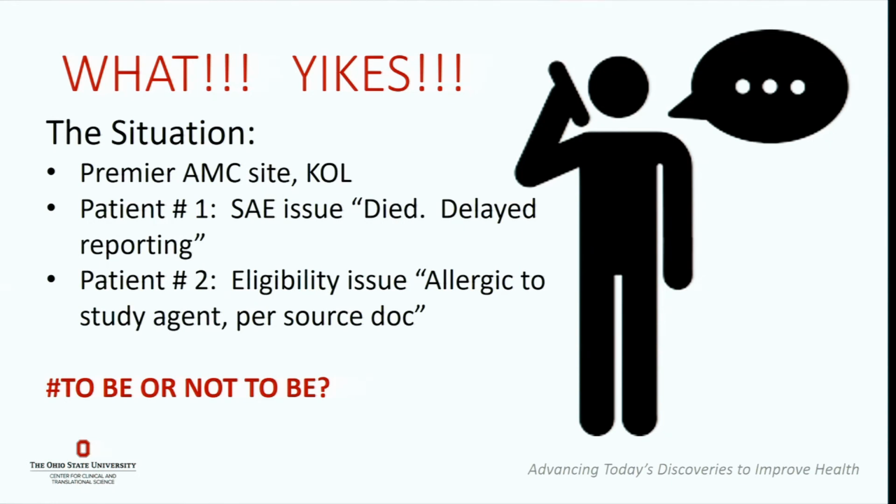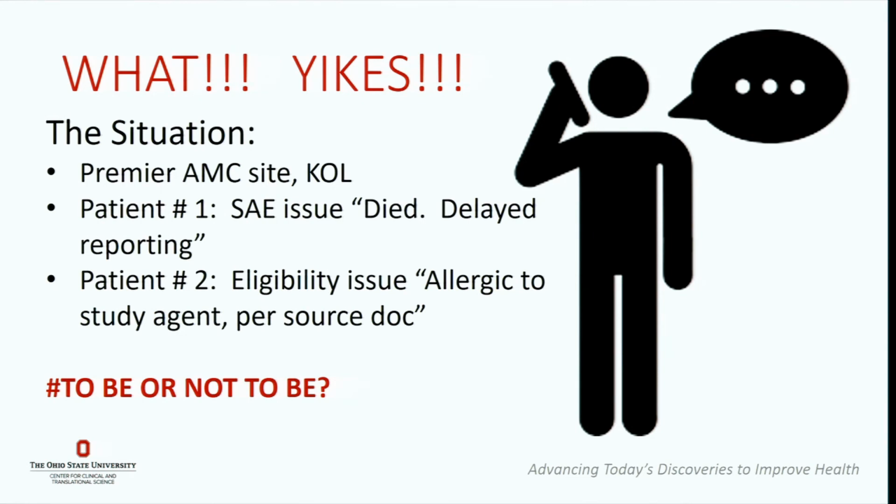They've enrolled 2 patients in this hard to enroll clinical trial, and the first one had an SAE, and the monitor found out about the SAE when they went to the site because they wanted to monitor the first couple of patients. So they find out their first patient died, and we didn't get the SAE report.